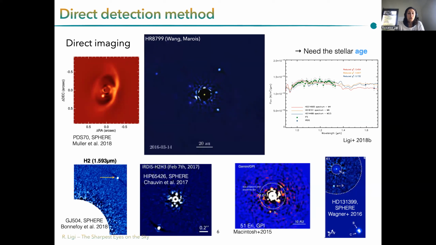What is also really useful is that we can get the spectrum of the exoplanet. And you see on the right that to be able to use the spectrum, we need libraries of spectra and also stellar parameters, and in particular the age of the exoplanet.